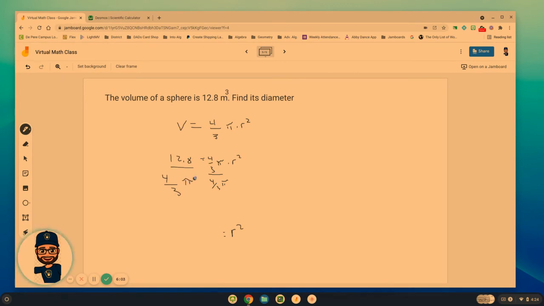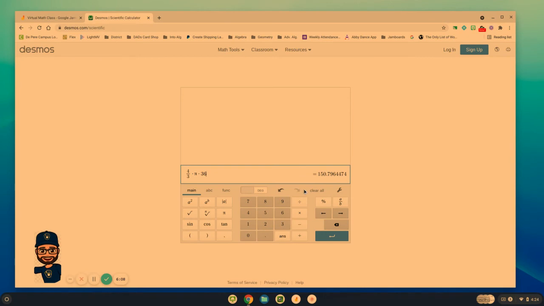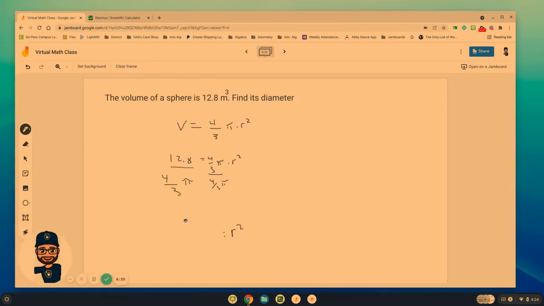So we can actually use Desmos to punch this side in. 12.8 divided by 4/3 pi, and we get this decimal, 3.06.